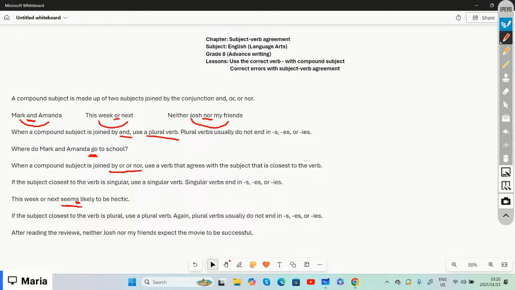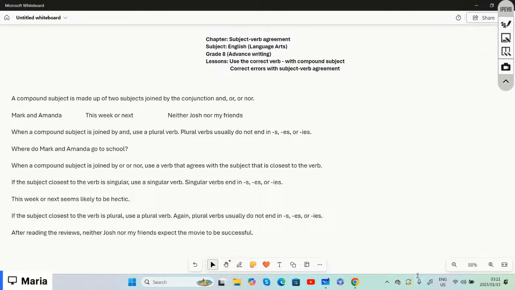All right. So now we're going to A Plus Students, where we are going to look at subject-verb agreement. Our subject needs to agree with our verb. So if our subject is singular, then the verb also needs to be singular, and then it ends with s, es, and ies.